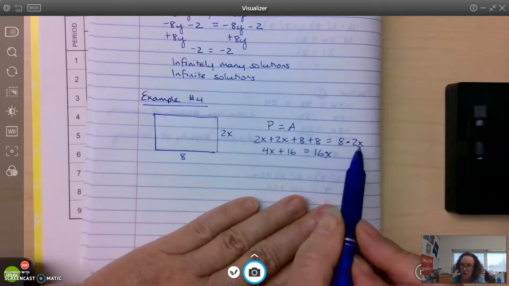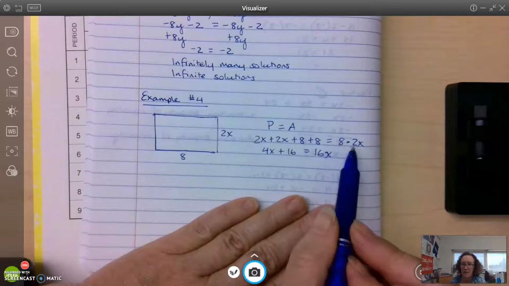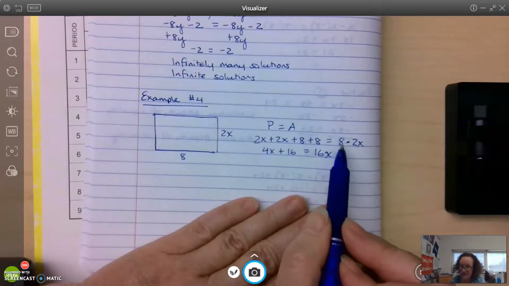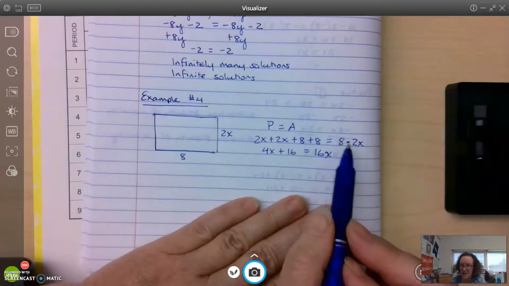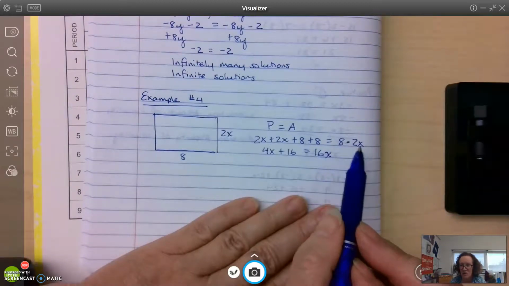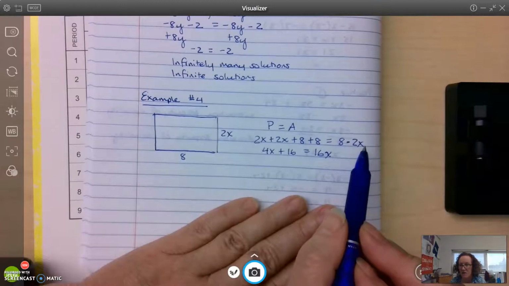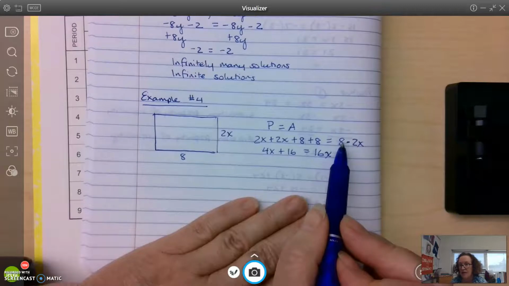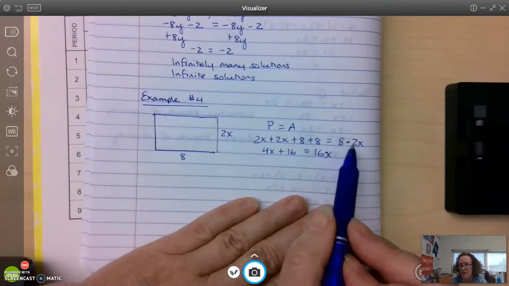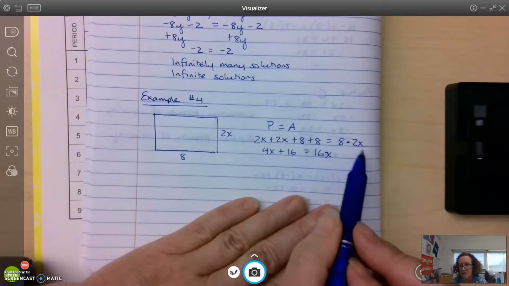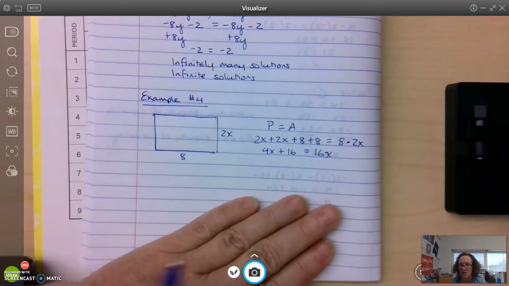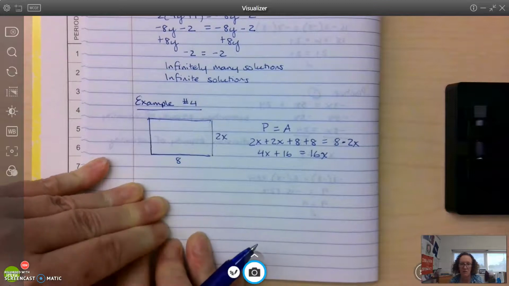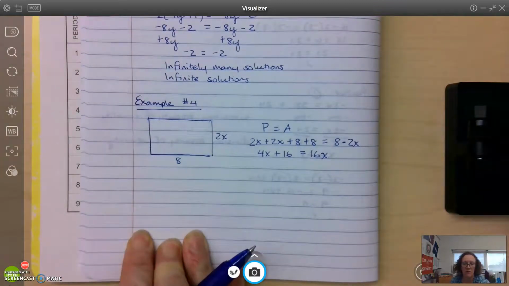But when I'm multiplying a number times something with a variable, this is really 8 times 2 times x, and because multiplication is commutative, I can multiply those in any order. So I'm going to multiply 8 times 2, and that gives me the 16, and then x. That's just a quick review of what you've already learned about combining like terms and multiplying with variables.